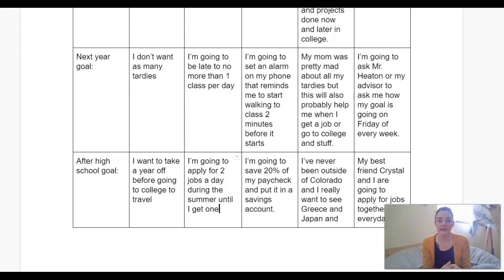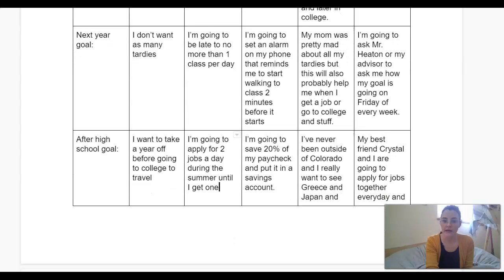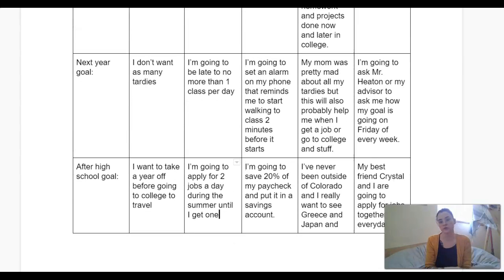The next one is once I have that job. This is for attainable: what resources am I going to use? Once I have that job, I'm going to take 20% of my paycheck and put it in a savings account and not touch it. This makes it attainable for 2 reasons. One, when you have a job, especially for the first time, it's so exciting to spend money, and you might spend all of it really quickly.